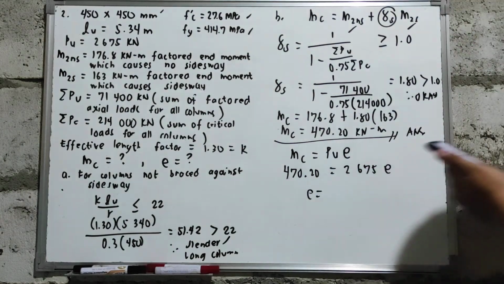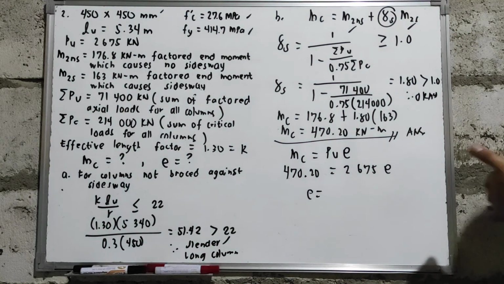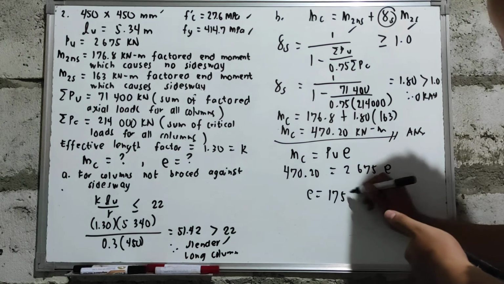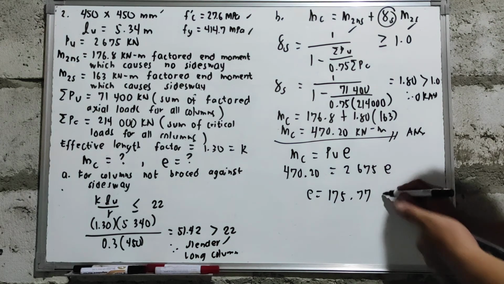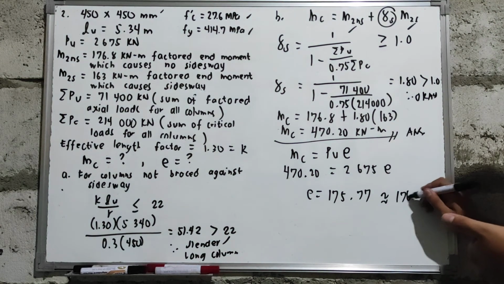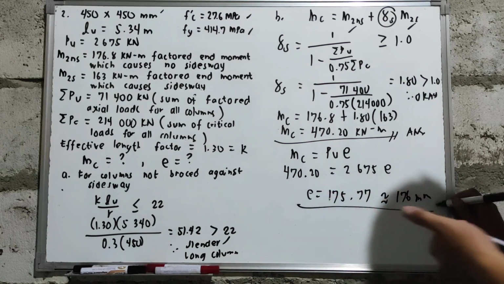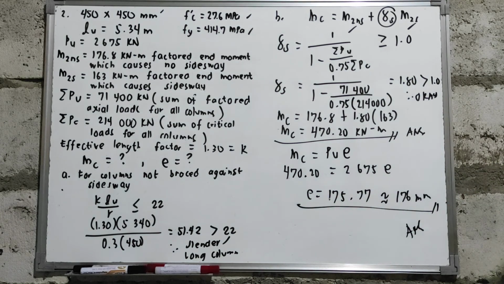So the value of your eccentricity is now equal to 175.77, or that is approximately equal to 176 mm. So this will be your answer. So ganun lang kasimple yung slenderness natin sa column.